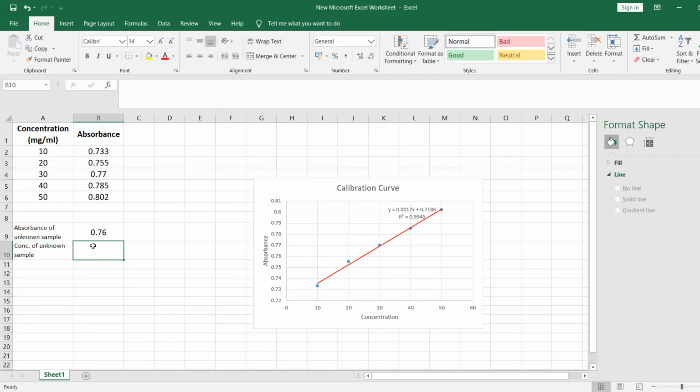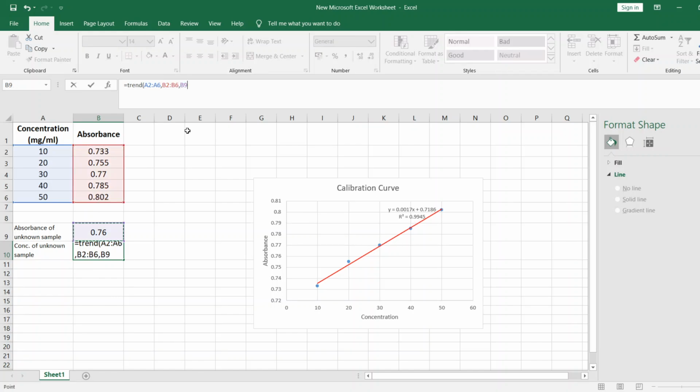We can determine it directly by simply writing equals TREND, open bracket, select the concentration data, select the absorbance data, select the absorbance of the unknown sample, close bracket.